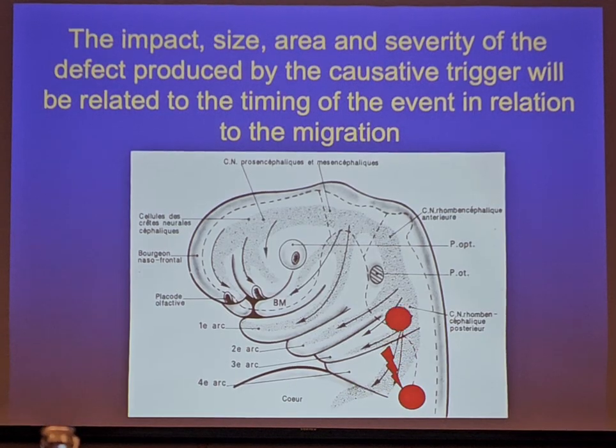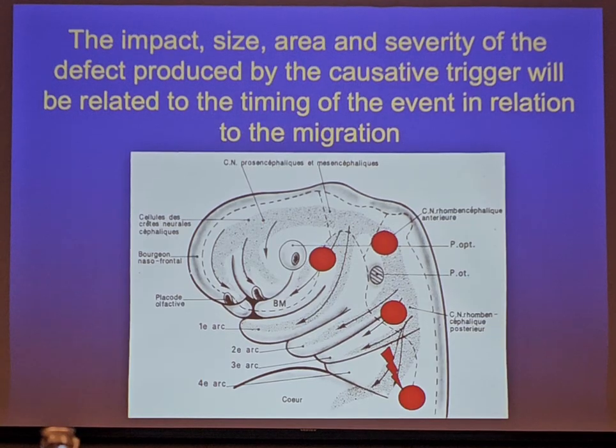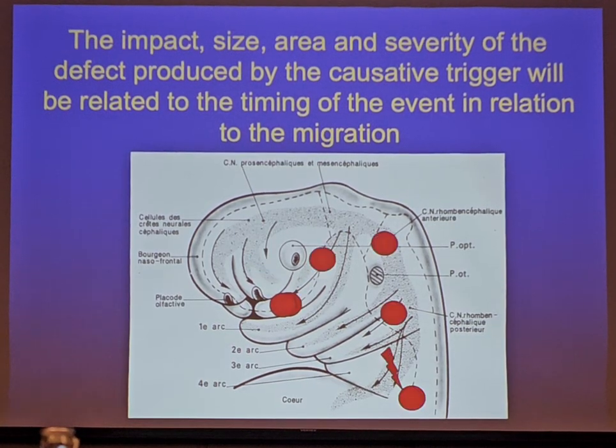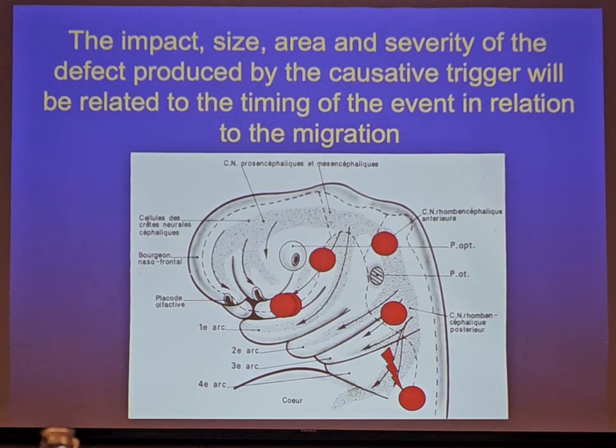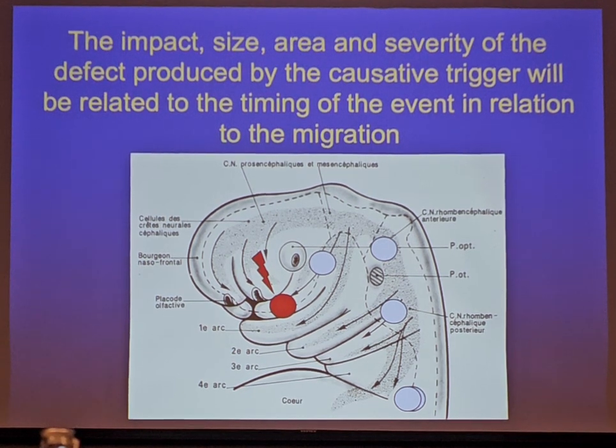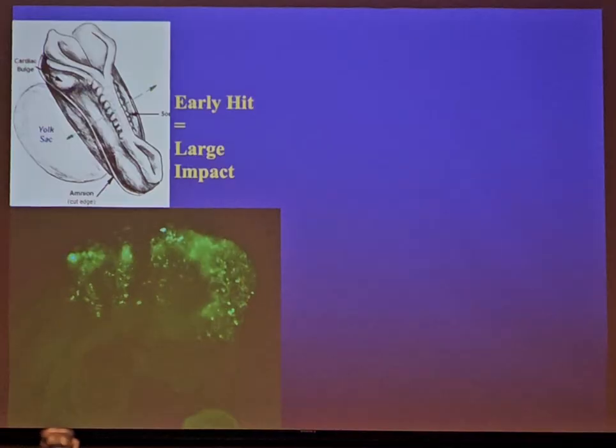And while it's migrating, it will seed abnormal daughter cells along its pathway of migration. And therefore you will now have abnormal cells in this entire area of the migration pathways if the trigger hits very early on. As compared to if the trigger hits very late, you will have a way more focal impact. And therefore, you can now cross-tabulate.